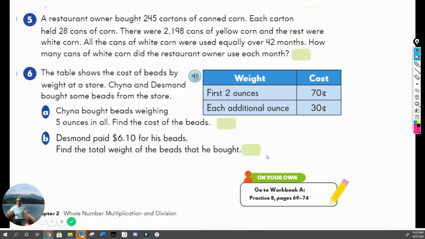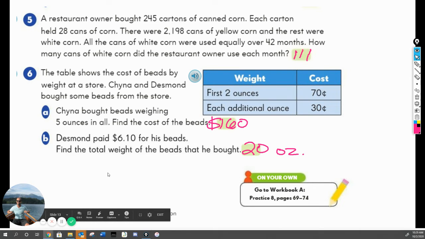All right. Solve these, and then you're finally at the end. All right, did you get all that? 245 cartons of canned corn. Each one held 28 cans of corn.